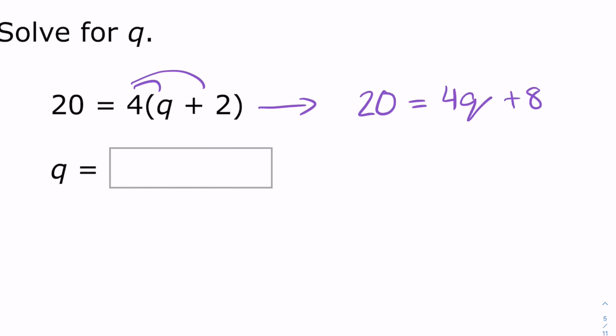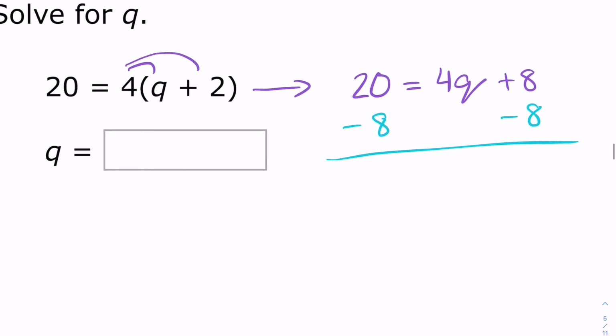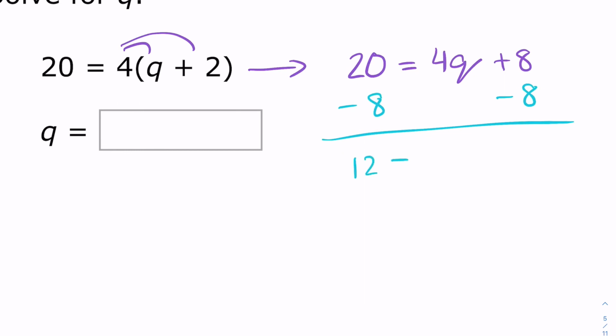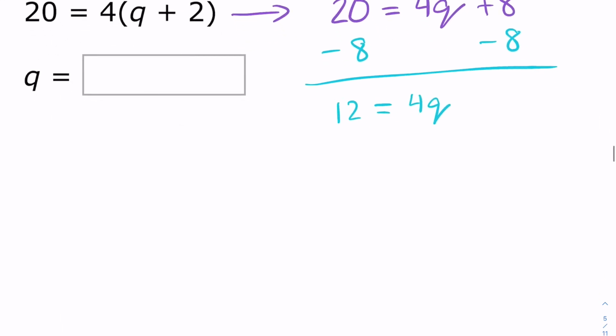And then I'm going to just take 8 away from both sides, because 4 times q is 4q, and 4 times 2 is 8. So I get 12 equals 4q. And then I just divide both sides by 4. So 3 equals q.